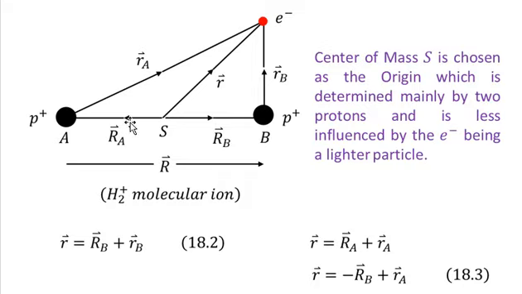So from S you move towards A, then from A to the electron, and it is given by the vectorial sum of capital R plus small r.